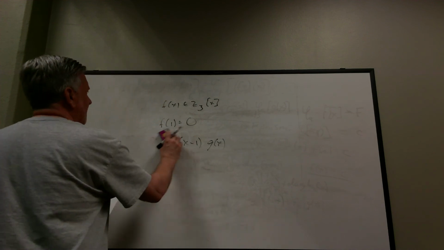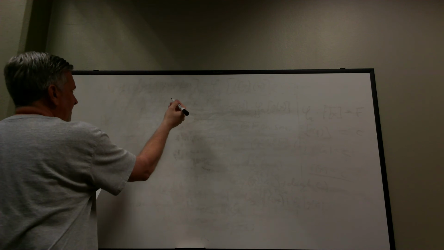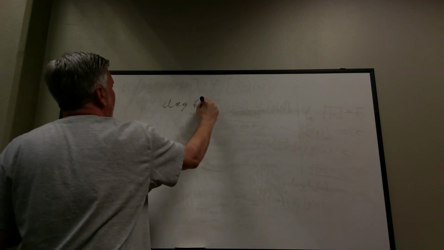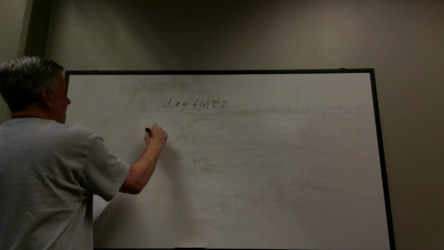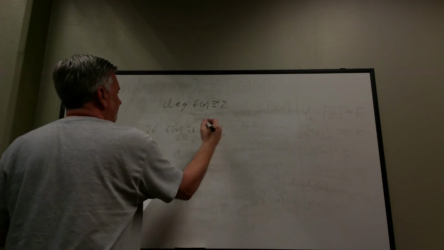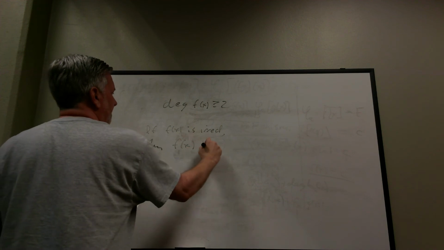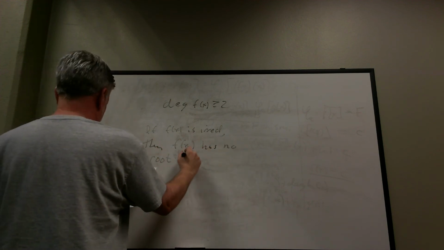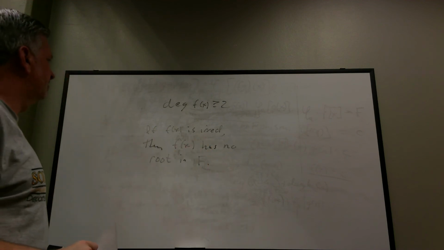So using this idea, the next example says, suppose you have little f in big F[x], and suppose the degree of f of x is at least 2. Then if f is irreducible, then f has no root in big F. Okay?